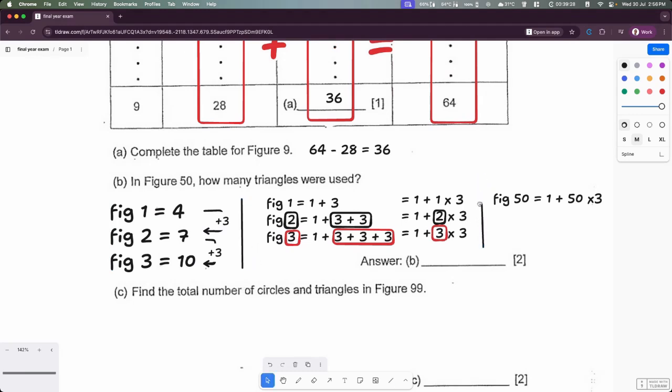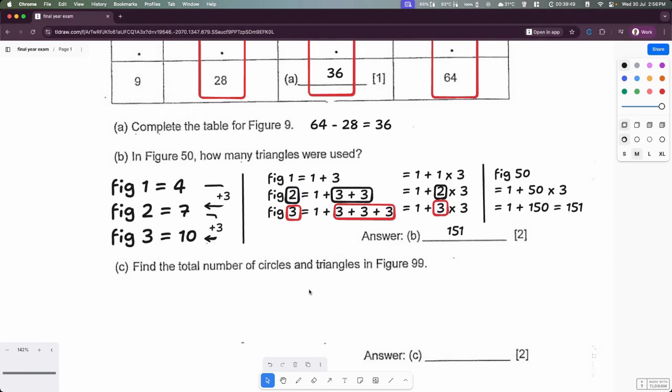So figure 50 is 1 plus 50 times 3. 50 times 3 is 150, which makes 151. So the answer to this is 151. All right, so that's for B.